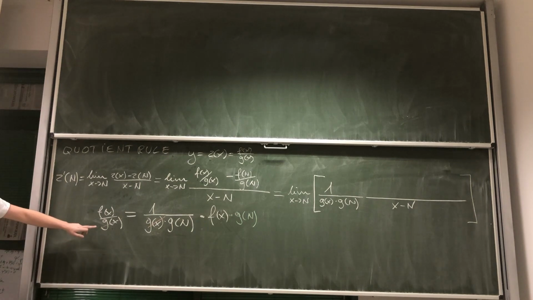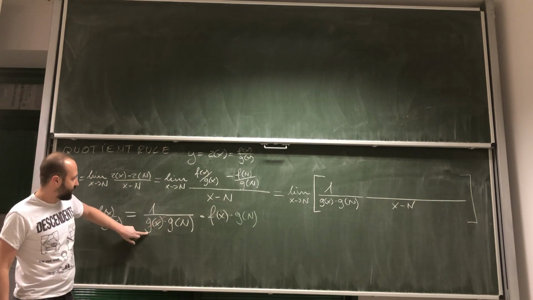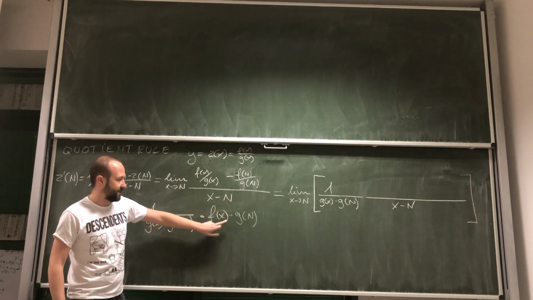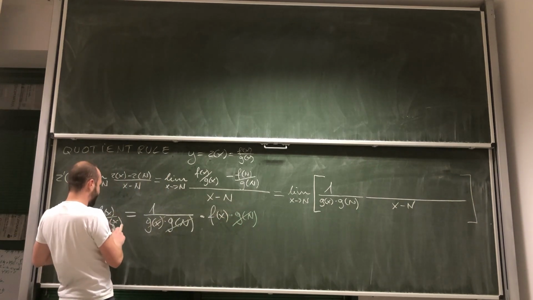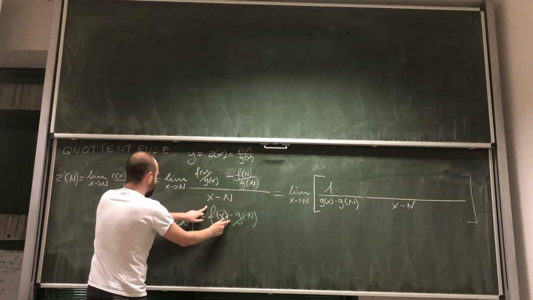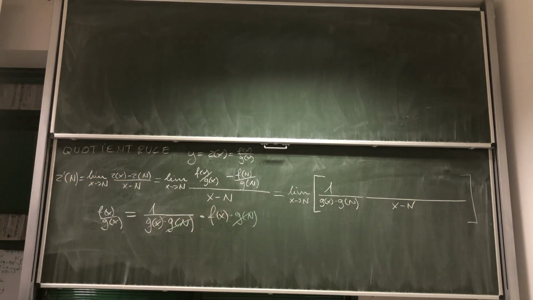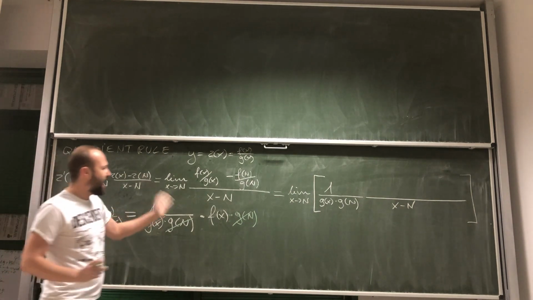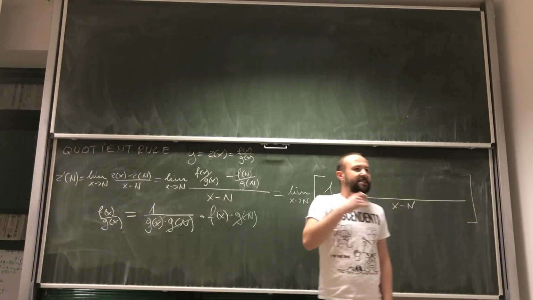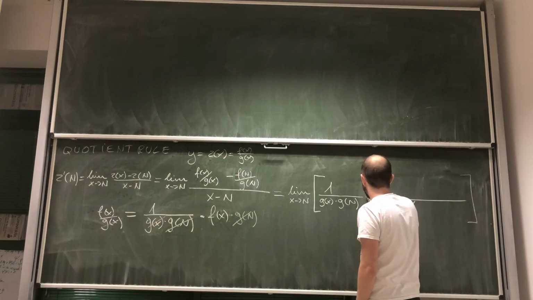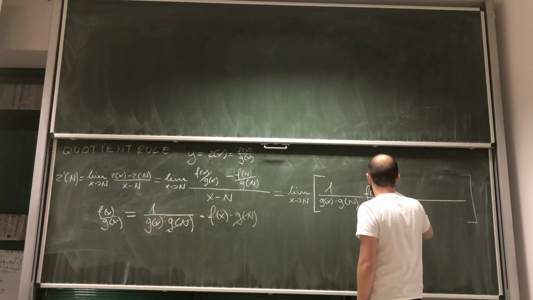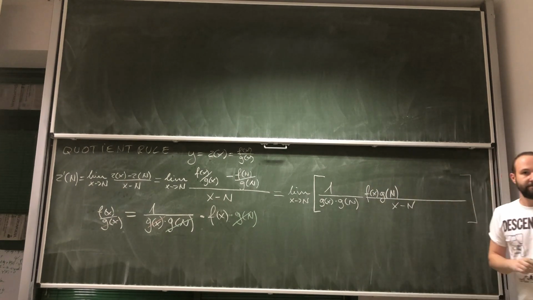So look, now we've got that f of x over g of x is equal to 1 over g of x times g of n times f of x times g of n. Those two cancel each other out, and we've got f of x over g of x equal to f of x over g of x. So after this step, what I'm simply going to get as a result is f of x times g of n.